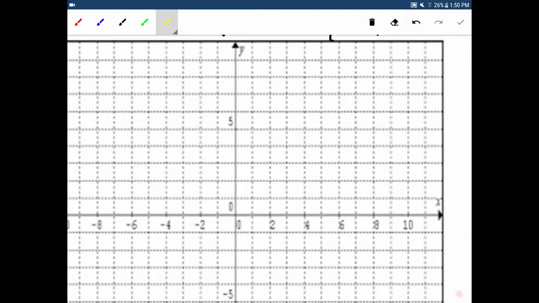Again, just in yellow, I'm going to lightly do the initial parabola here. And since it'll fit, I'm going to do this one too. So there's our initial parabola. That's just y equals x squared.